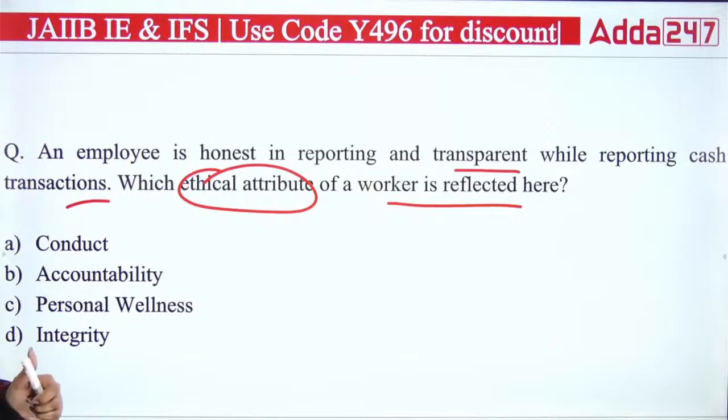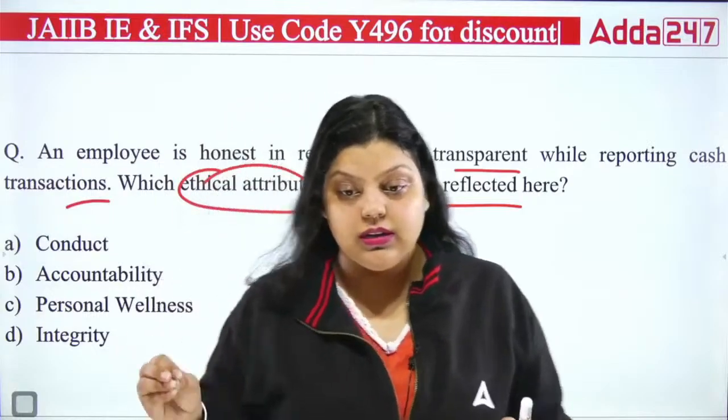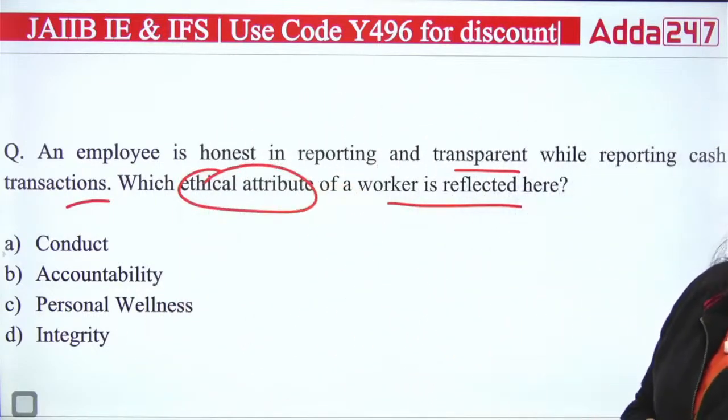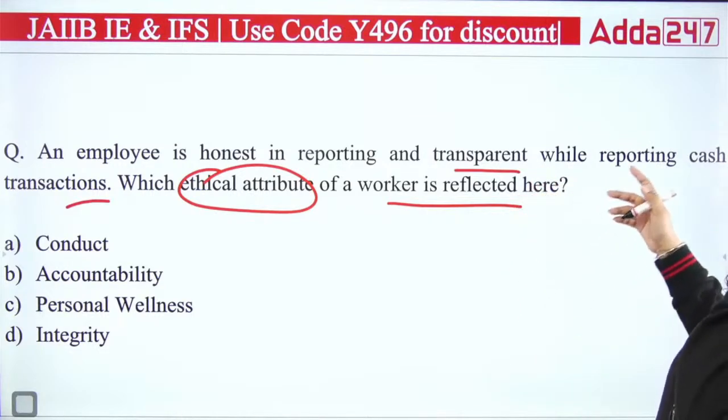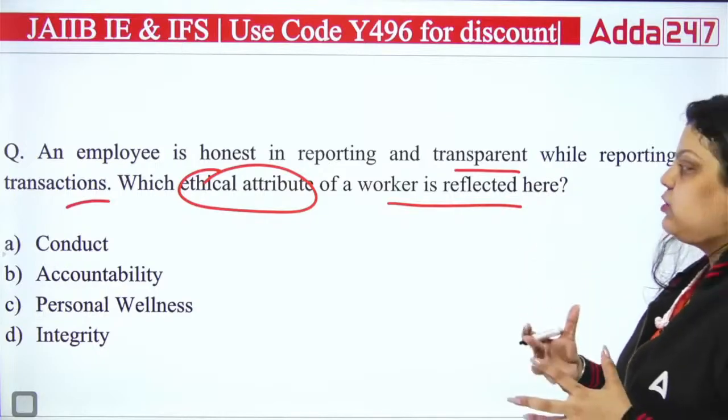So an HR professional in your company is being honest in all the reportings of your business, in all the databases of your business regarding financial transactions. He is being honest in reporting each and every piece of data in your organization and being transparent while reporting the transactions. So what kind of ethical attribute does this worker have?